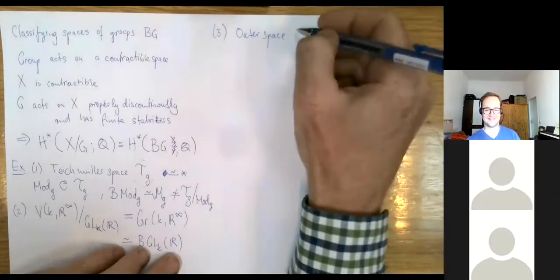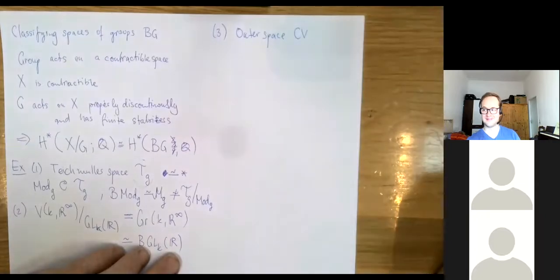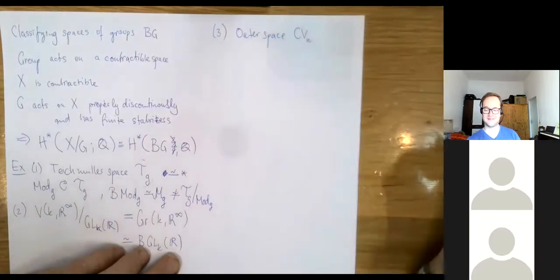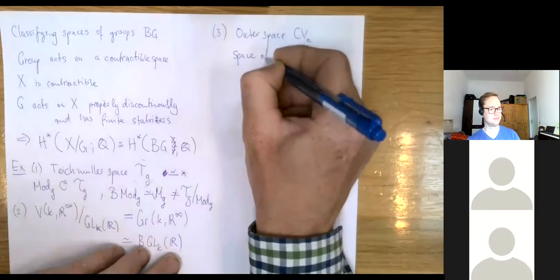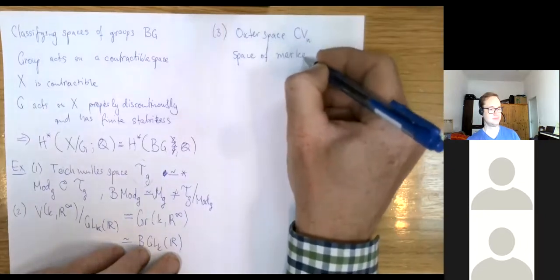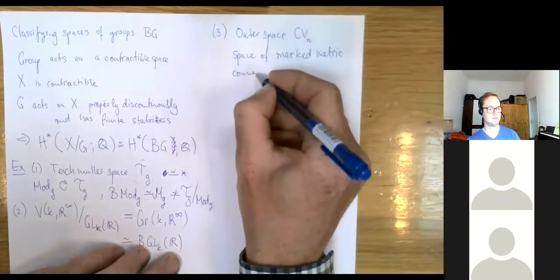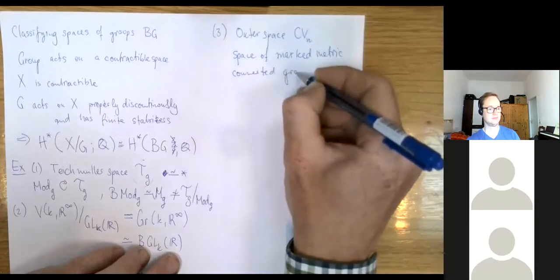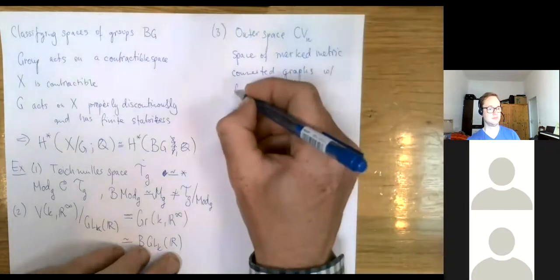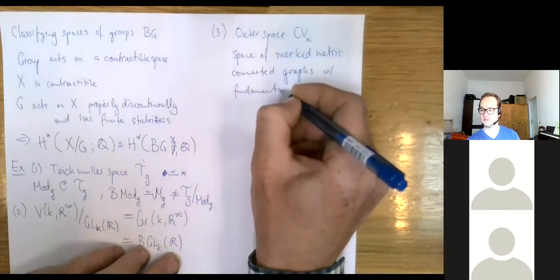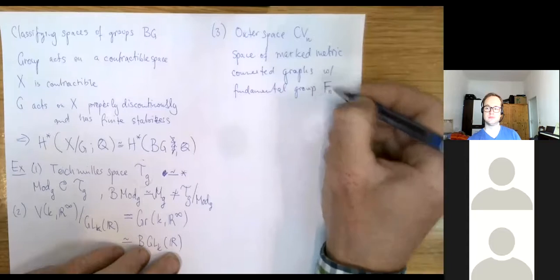Outer space, Culler-Vogtmann's outer space, I will denote that by CV, is the space of marked metric connected graphs with fundamental group the free group on n letters.